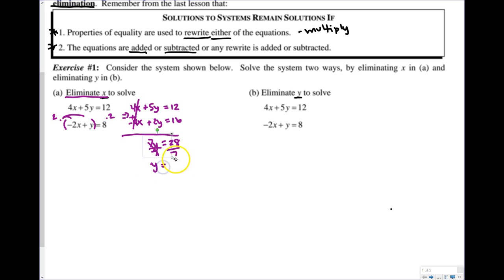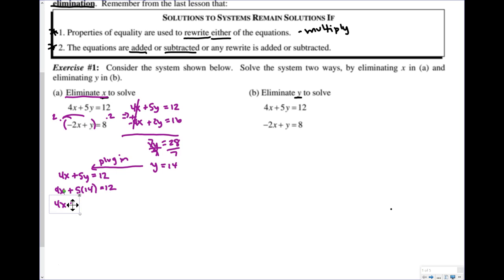I get y equals 28 divided by 7, which is 4. Now once I find y, I've got to plug in to find x. I'm going to pick the top equation, 4x plus 5y equals 12, and plug in y equals 4.